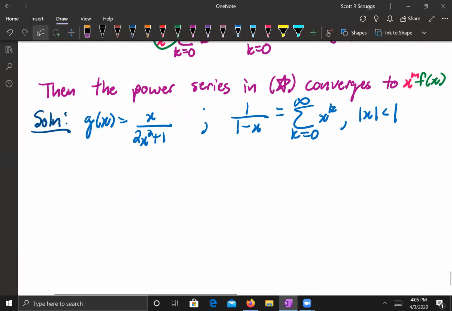Right now I have a denominator of 2x squared plus 1, which looks strikingly similar to 1 minus x because I could rewrite my denominator as 1 minus negative 2x squared. So if I see a plus in that denominator, I'm switching it over to a minus by doing minus and negative.